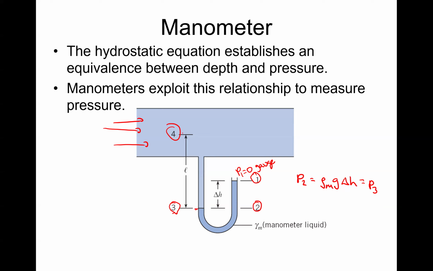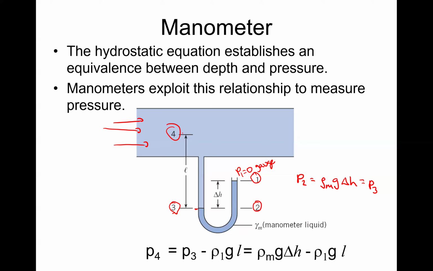So that we're going to now say in this equation that P4 is going to be equal to P3 minus the rho of the liquid in the pipe, G and L. So you see that now, because we're going up, we have a lower pressure. P3 has to have a higher pressure.